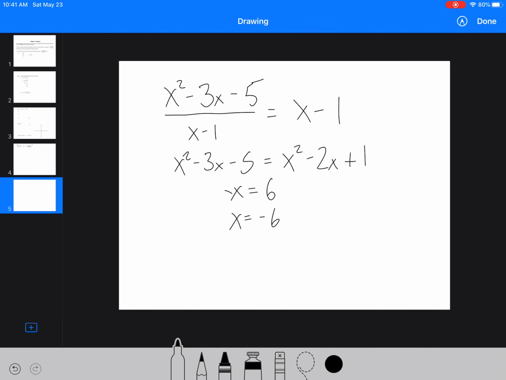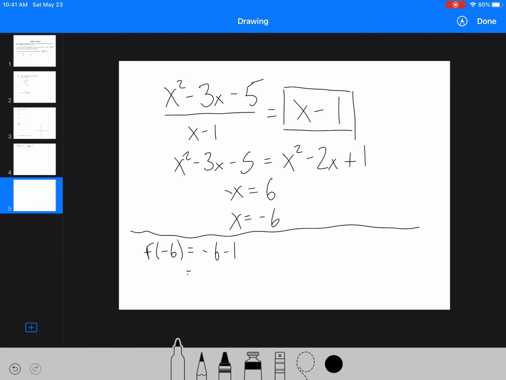Because the slant asymptote was this, we plug negative 6 into that, so we get f of negative 6 equals negative 6 minus 1, which is negative 7. So it crosses at negative 6, negative 7.